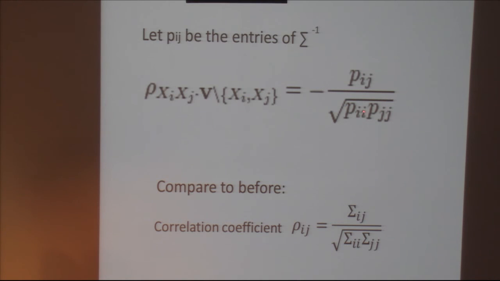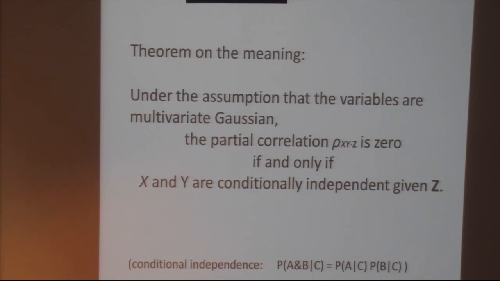And you see it has the same shape, except that the P now is not the element of the variance-covariance matrix itself, but it's an element of the inverse of the variance-covariance matrix. So all this business of correlations and partial correlations can very elegantly be expressed in terms of the variance-covariance matrix.